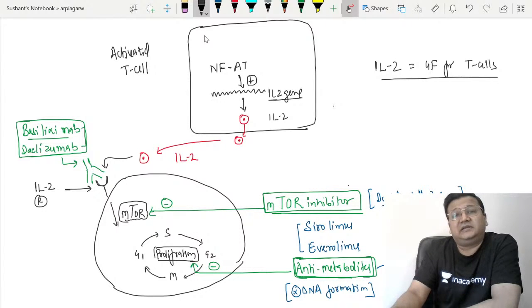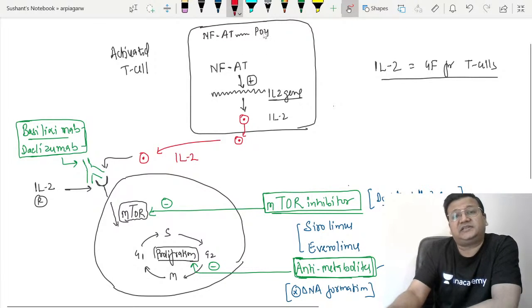But what happens? This NFAT is attached to a phosphate. As long as it is attached to a phosphate, it remains in an inactive state. In order for it to become active, the phosphate needs to go away.